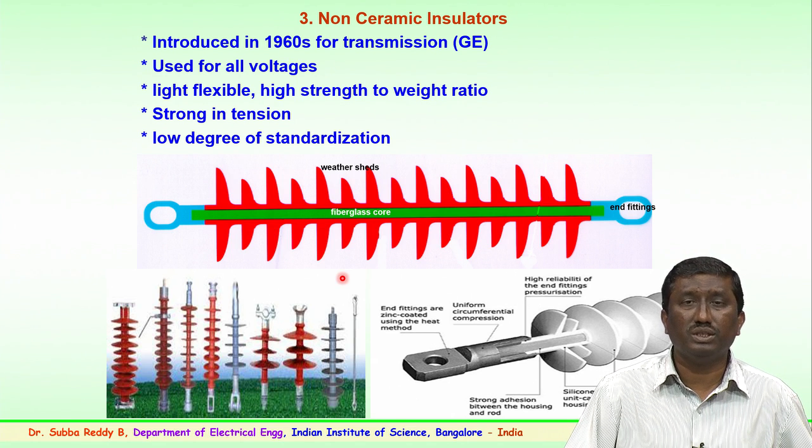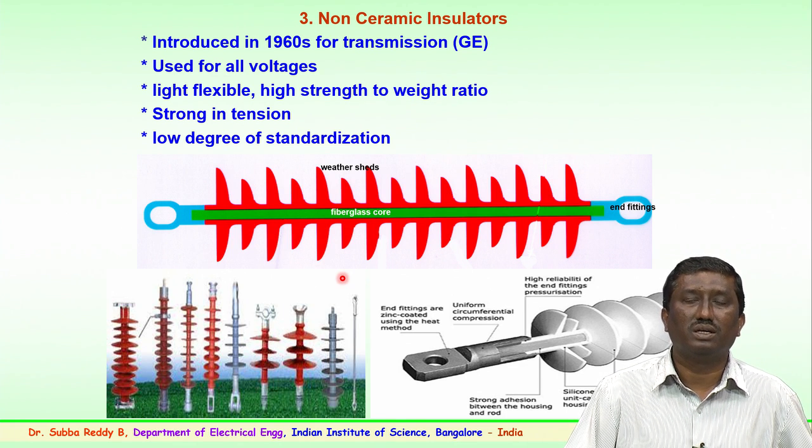Regarding long term performance, as mentioned, recently third generation insulators are being used. So, we have to have long time data for this, so that it can be exactly compared with the life of the porcelain or glass insulator. And economically, earlier when the insulators were introduced, the material cost and the insulator cost was very high in comparison to ceramic.